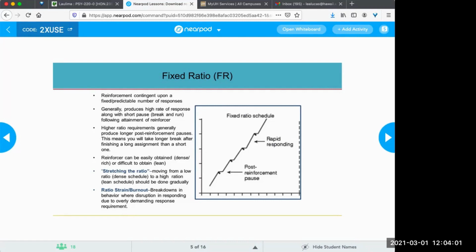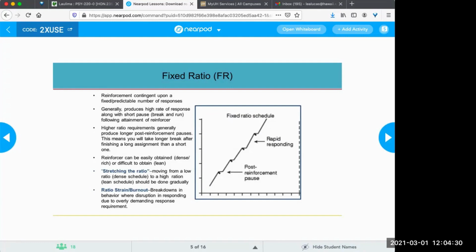The reinforcer, the reward, we sometimes refer to as being a dense reward or a lean reward. When we refer to a dense or a lean reward, we're referring to how the person sees the reward, how reinforcing, how rewarding it is for them. Is it something that gets them really jazzed, or something they feel kind of mediocre about?